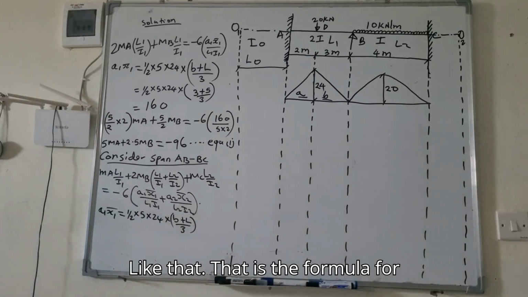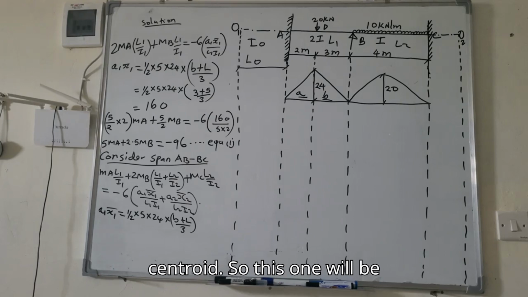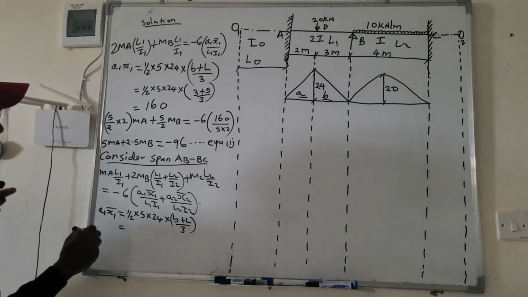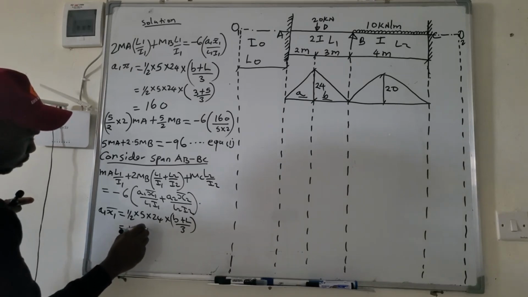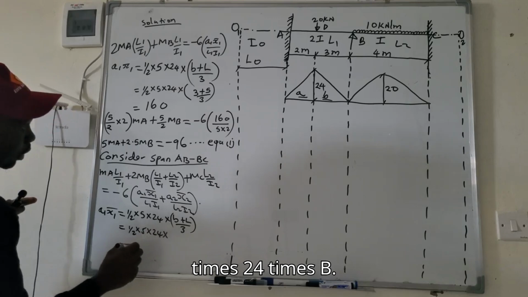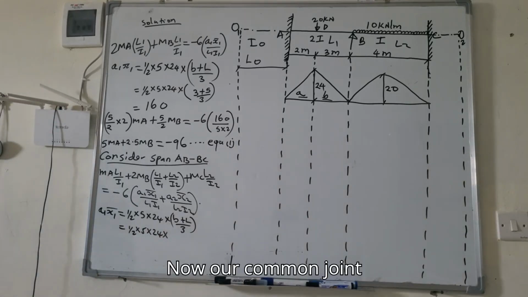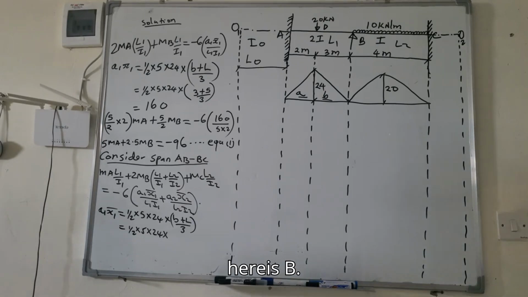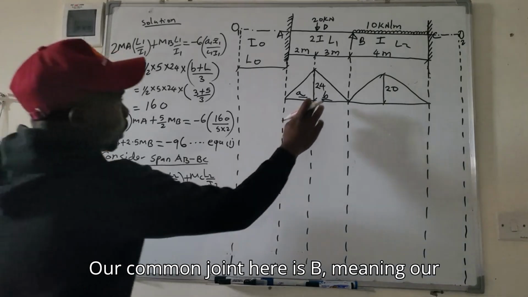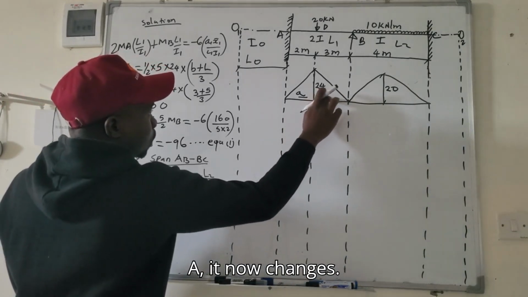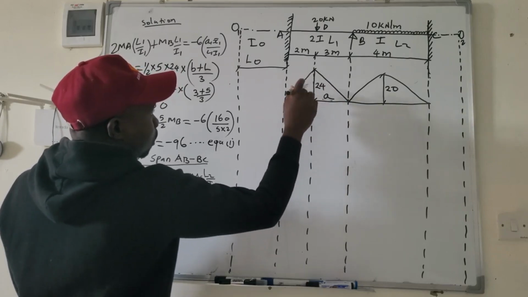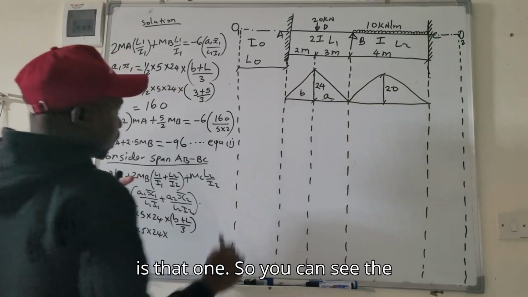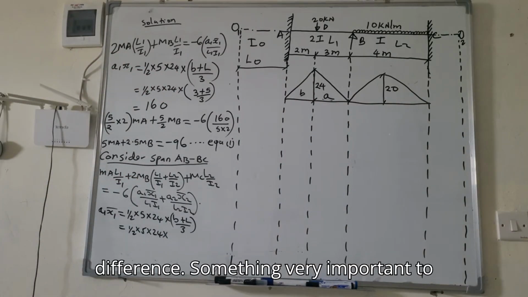That is the formula for the centroid. Now, our common joint here is B, meaning our A now changes. Our A is this one, and our B is that one. So you can see the difference.